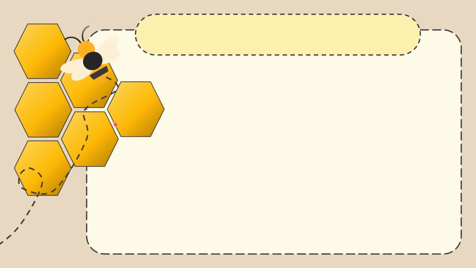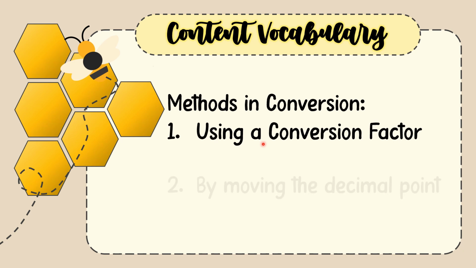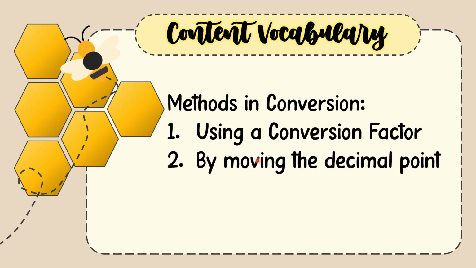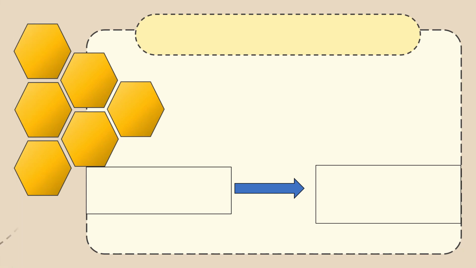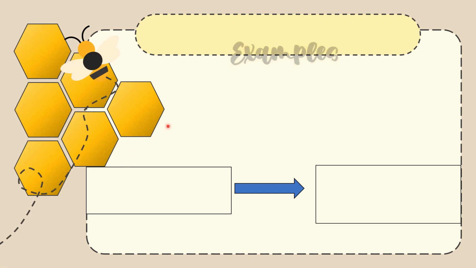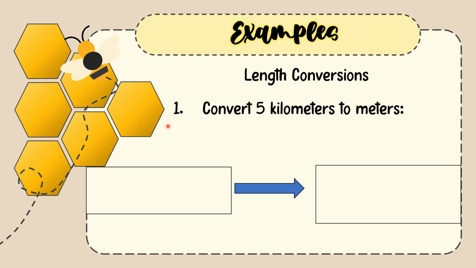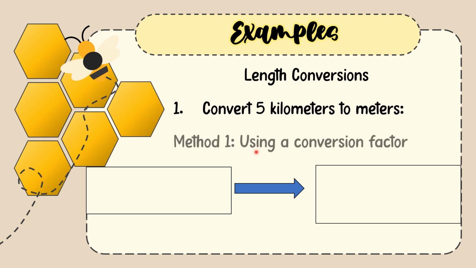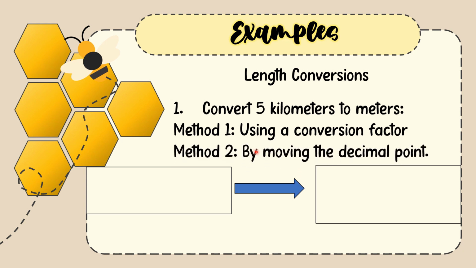Now, there are two methods in conversion. The first one is by using a conversion factor, and the second one is by moving the decimal point. Now, let's have an example. So, we have here length conversions. Number 1, convert 5 kilometers to meters. So, we are going to use method 1 and method 2.